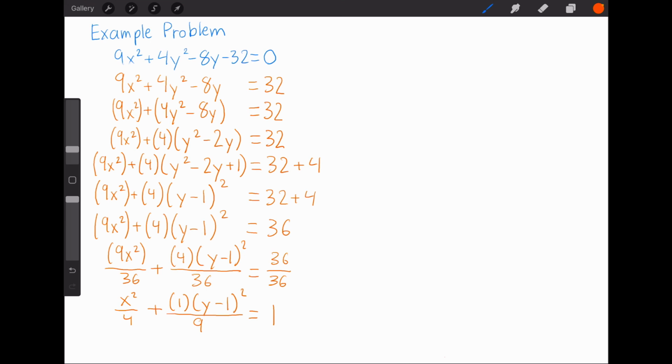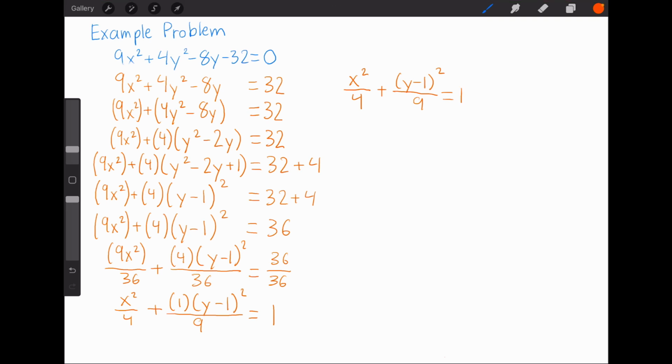I'm now going to further simplify this equation, transforming it into x squared over 4 plus (y minus 1) squared over 9 equals 1.